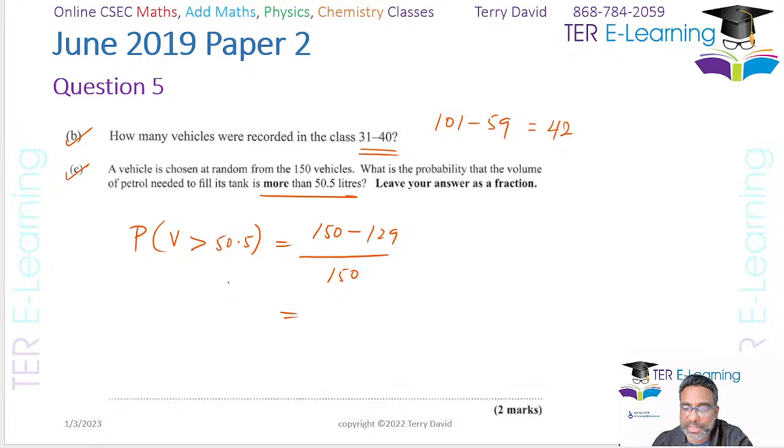This is going to be 21 over 150, and that could reduce. You're going to get 7 over 50. So that's your probability there, 7 over 50.